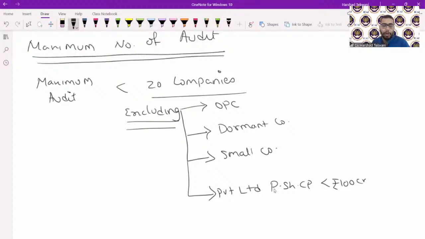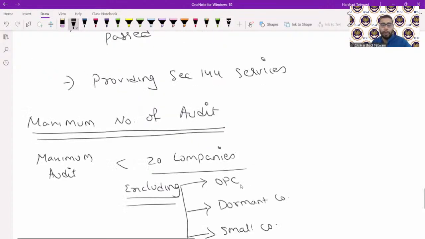Any doubt? Now, in the same way there are limits prescribed in the Council guidelines also, so you need to consider both of the limits. Both provisions should be satisfied for the maximum limit of audits.